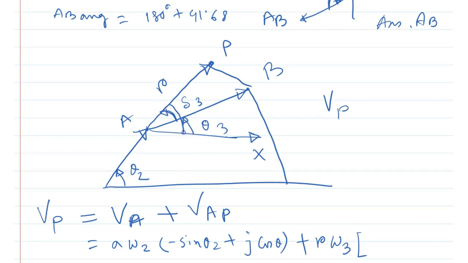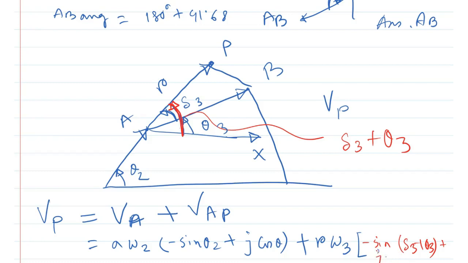In that case the angle is this much, which is delta 3 plus theta 3. So negative sin(delta 3 plus theta 3) plus j cos(delta 3 plus theta 3).